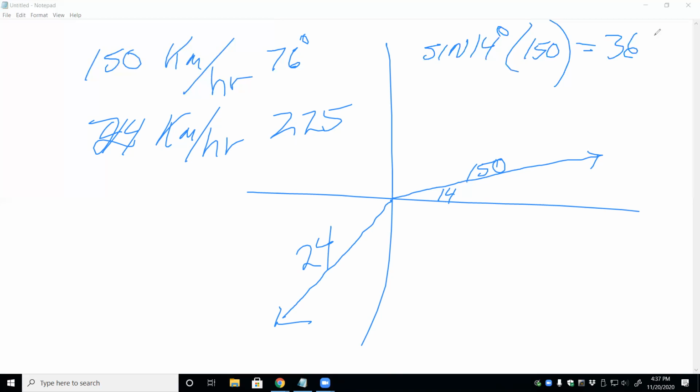I'm just going to round everything off. That's fine. And then the horizontal component is the cosine of 14 degrees times 150. And that number is going to be much closer to 150. What is that? 145.